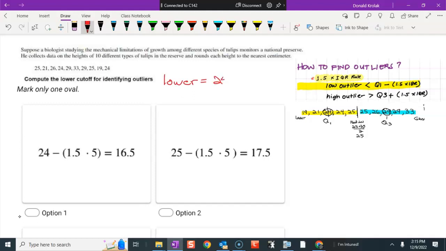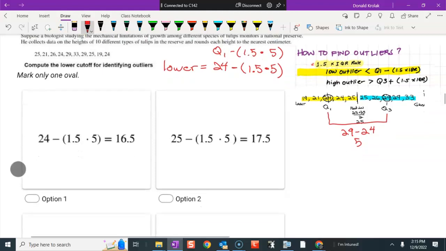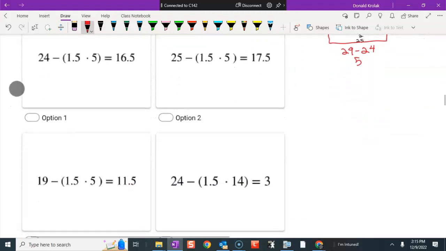Quartile 1, 24, minus 1.5 times the IQR, which in this case was the difference of 29, take away 24, 5. Okay, which is option 1.